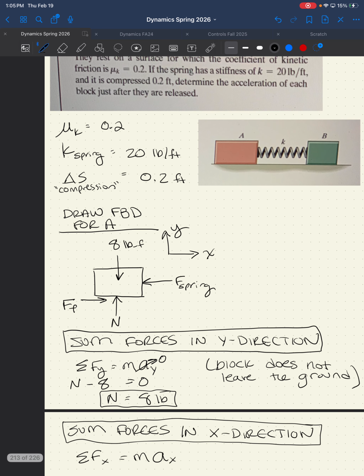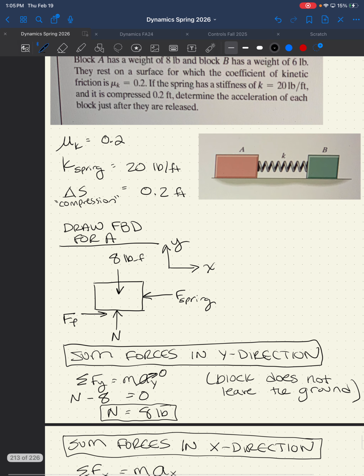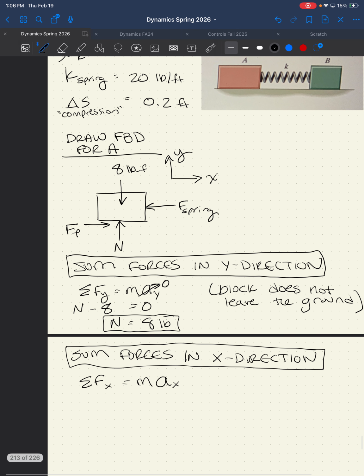The problem tells me the spring is in compression, which means that it pushes on everything that it's attached to, which is why I drew this thing to the left on block A. So when it goes into my equation for the sum of forces, does this spring force point in the positive or negative X direction? In the negative X direction. So I'm going to write it down as minus F spring.